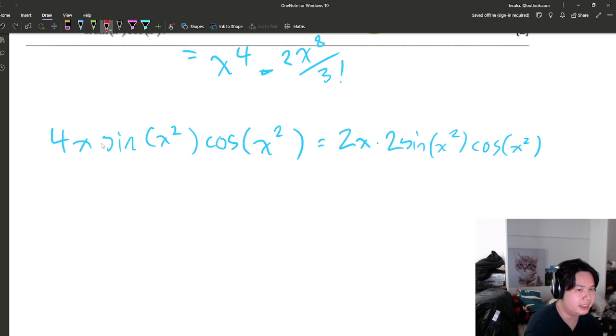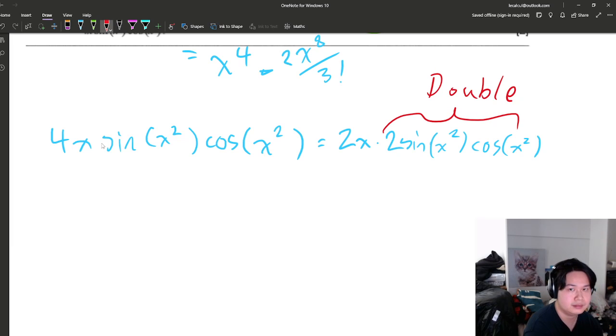And what you can recognize is that this is a double angle identity. So this becomes 2x times sine squared x squared.